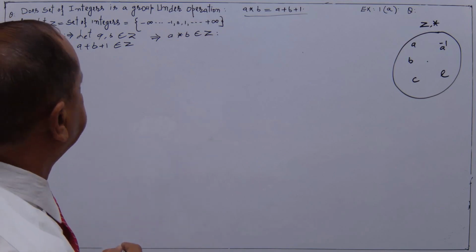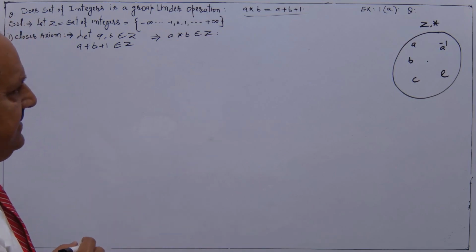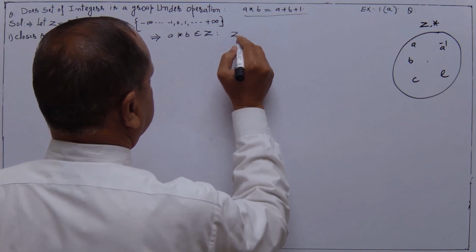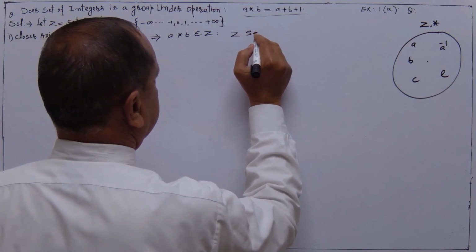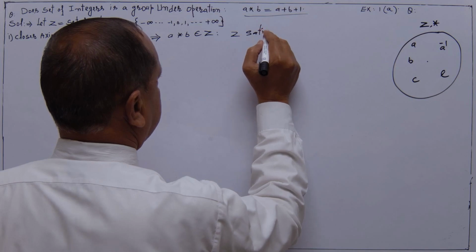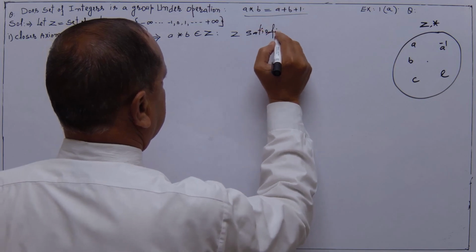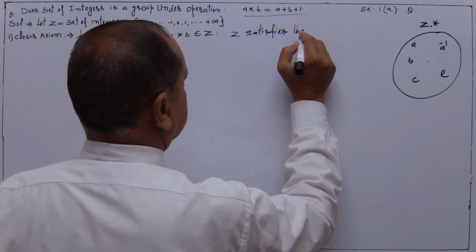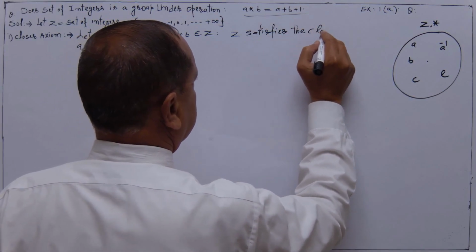It means A star B also belongs to integers. So Z, the set of integers, satisfies the closure axiom.